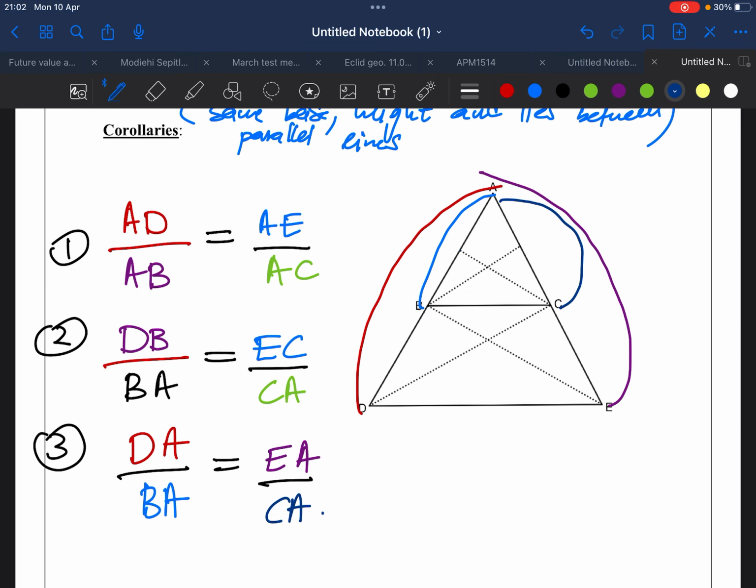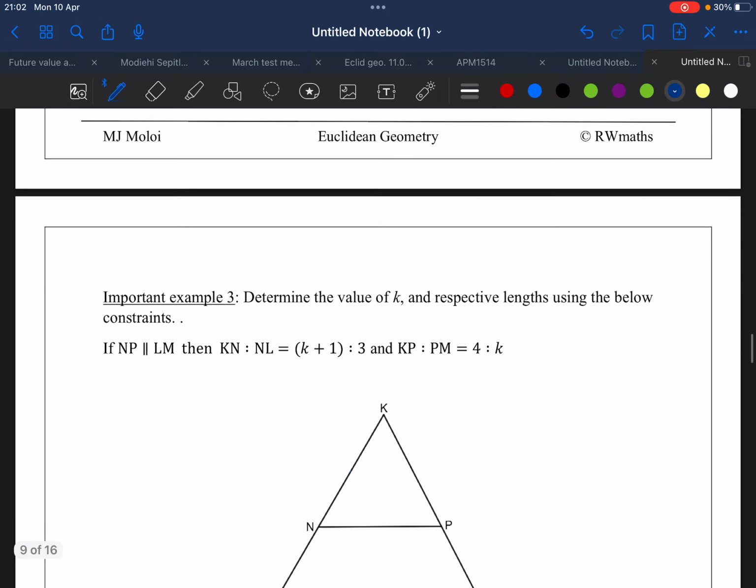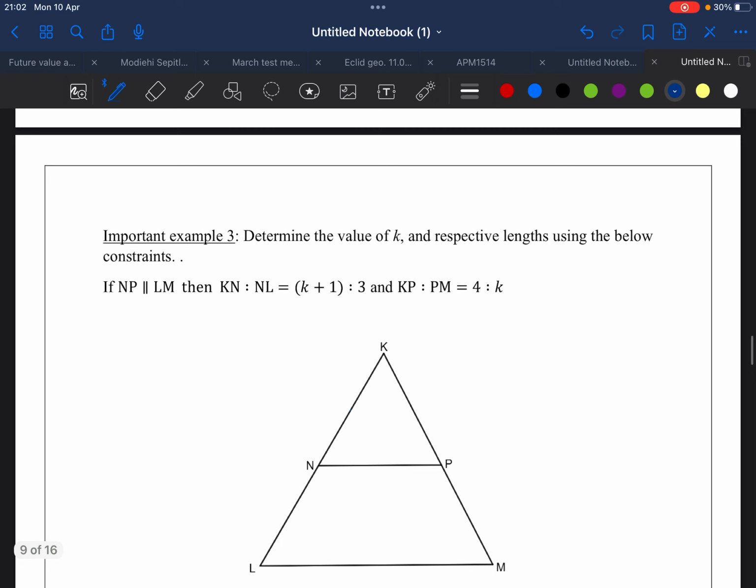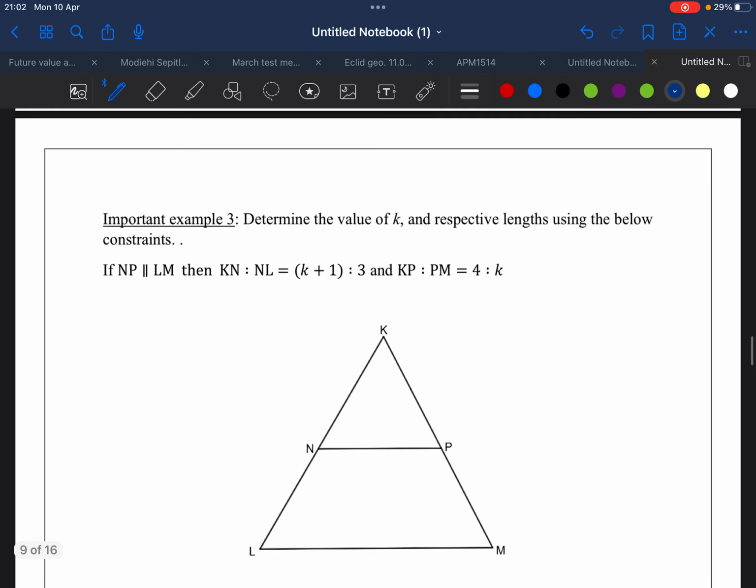Let us see the first example, the application, which is named important example 3. They say to determine the value of k and respective lengths using the below constraints.